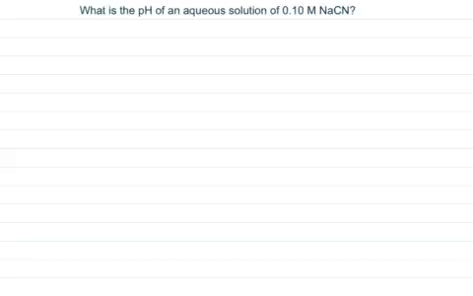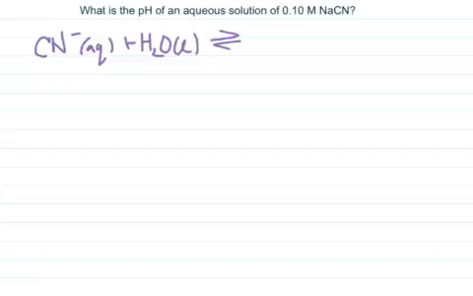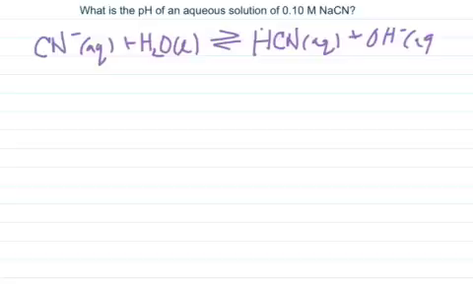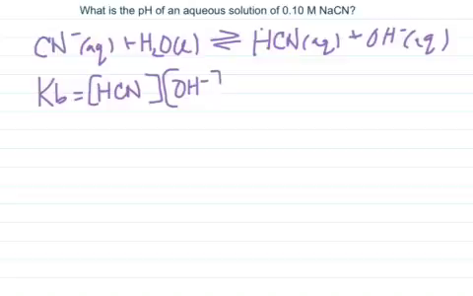CN- aqueous plus water goes to HCN aqueous plus OH- aqueous. The Kb is equal to HCN OH- all over CN-.